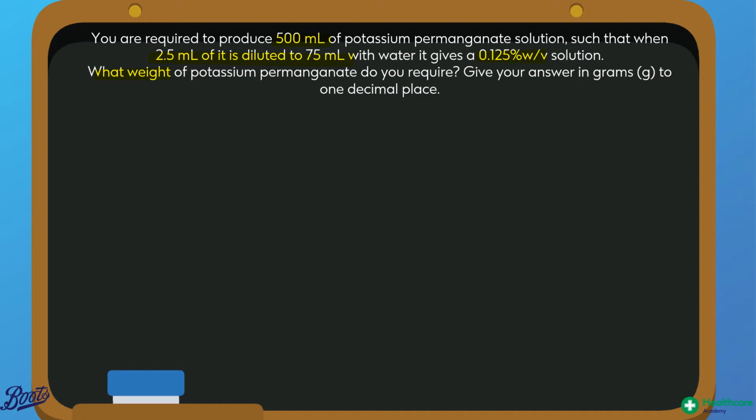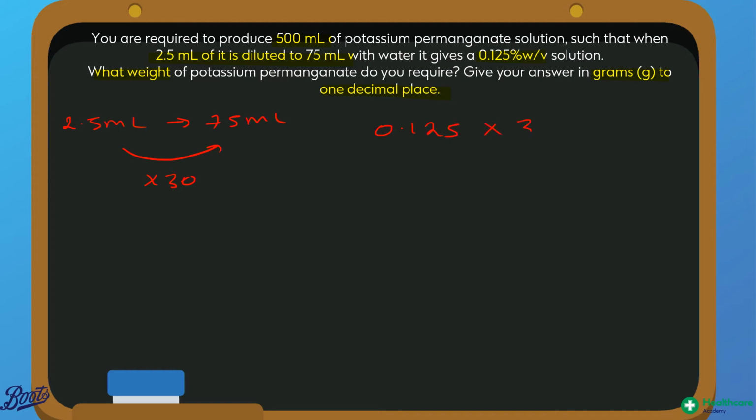From our question, I'm going to highlight weight of potassium permanganate and the answer in grams to 1 decimal place. So if I dilute 2.5 millilitres to 70 ml, that in effect has been diluted 30 times. So if the final solution is 0.125%, then the starting solution is going to be 30 times stronger.